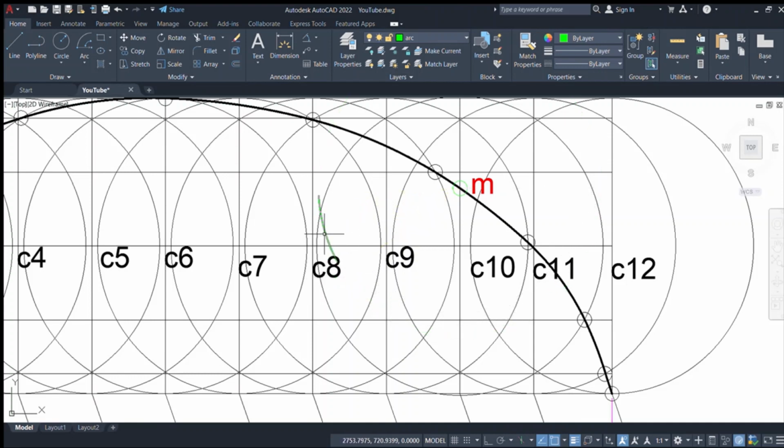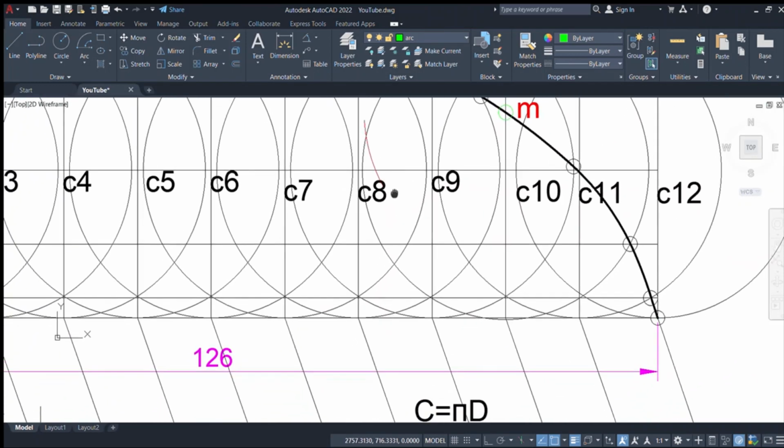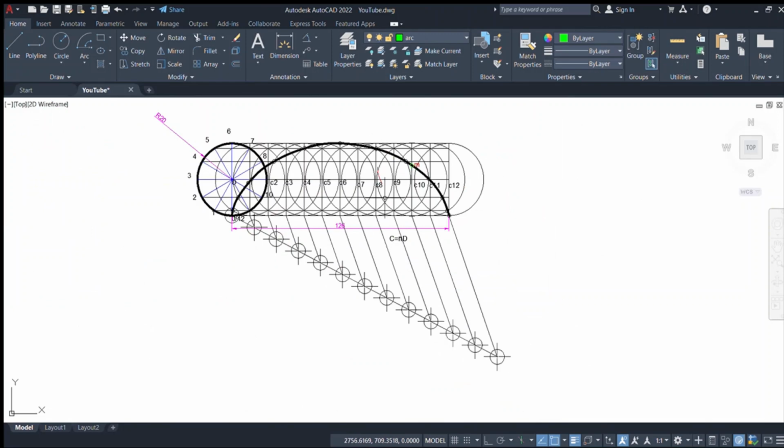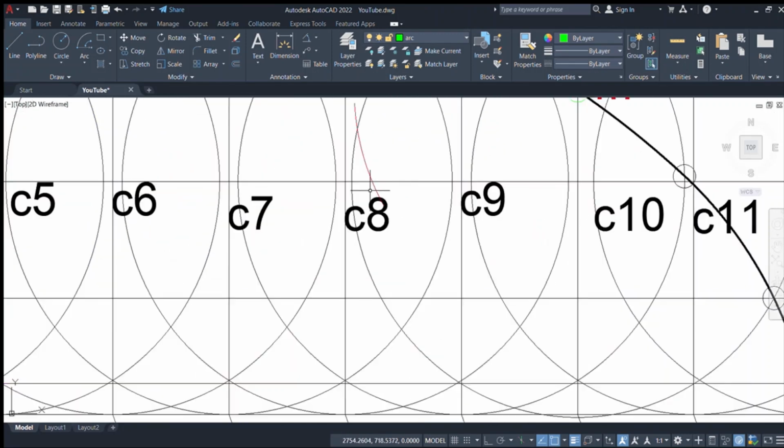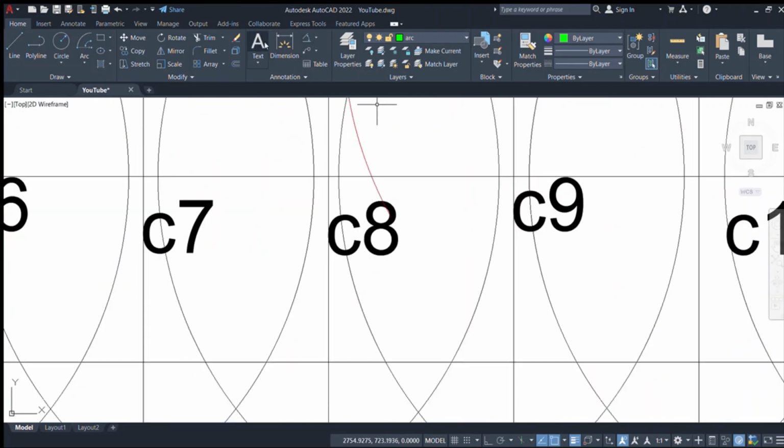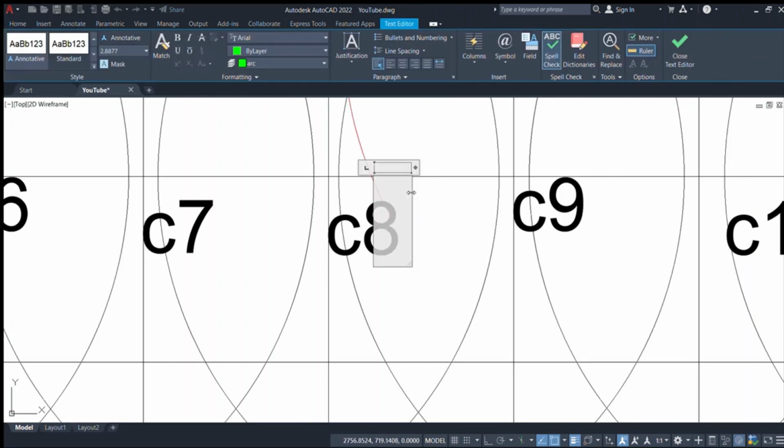So marked there. Mark that point. So this point here, let's call it point N.